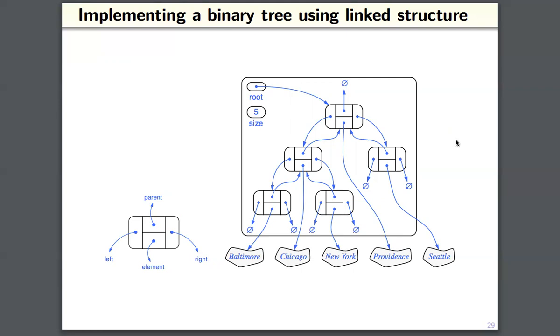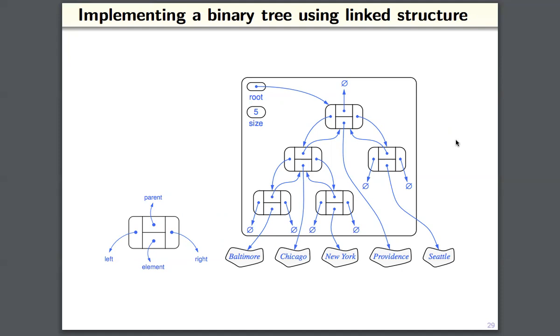How do you implement a tree? You can implement the tree in two important ways. One is using a linked structure, using links. Think about your linked list. It was a list, but here it is a linked structure using links.